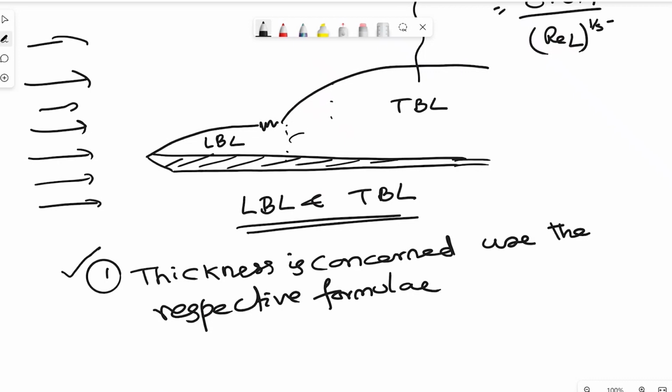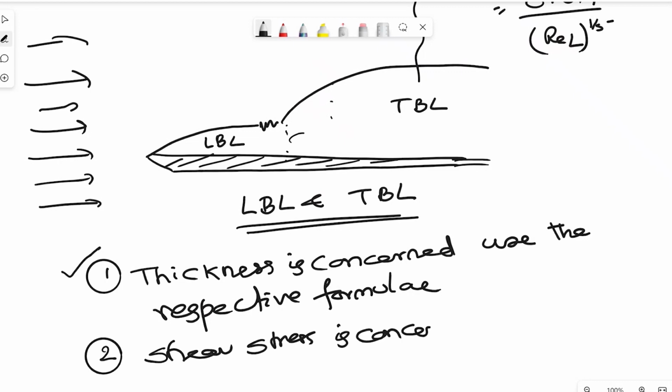So the thickness is only a local thing. Wherever you want to find the thickness, you first find the Reynolds number, define what the boundary layer is, and then depending on the boundary layer, you use that. So there is no problem. Similarly, as far as the shear stress is concerned, again use the respective formula.